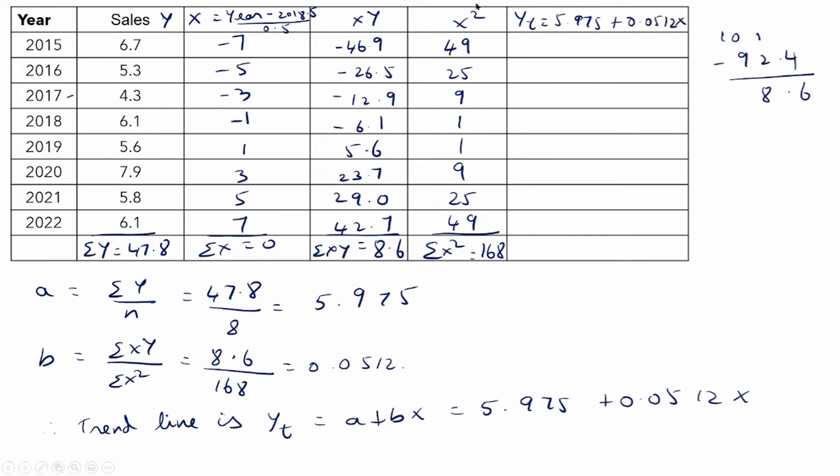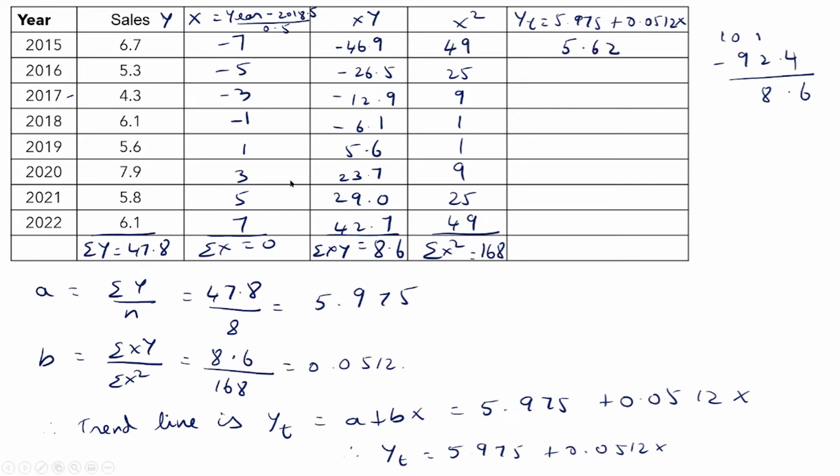So for the year 2015, we have to substitute x as minus 7 and find the value of the trend line. So it is 5.975 minus 7 into 0.0512. When we simplify, we get 5.62.